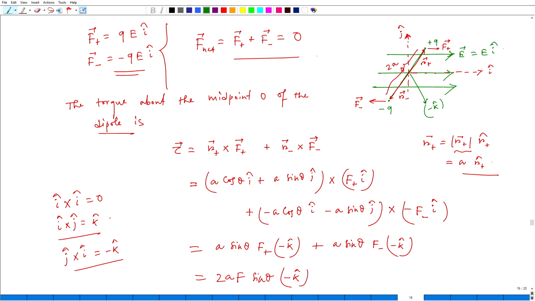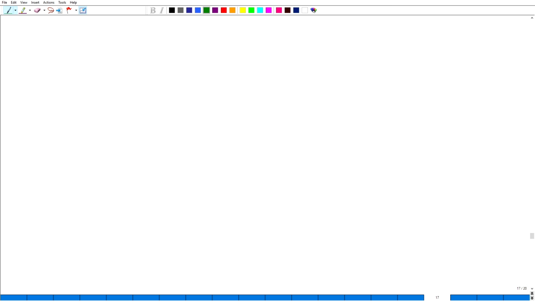This one is not 0, and here F is the same as F plus and F minus. Both charges feel equal forces, but the direction is different. The direction is into the page, so the direction of the torque is into the page, or minus k cap.